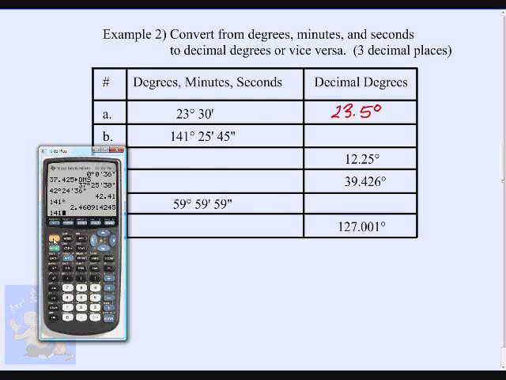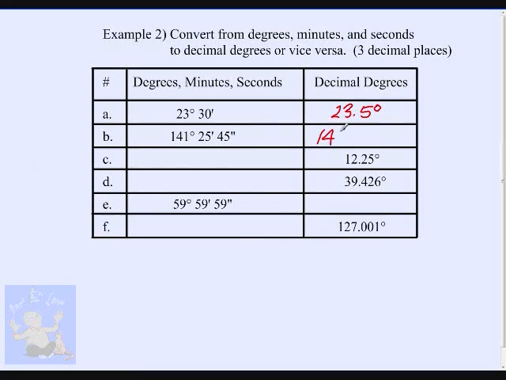I must have hit something twice. Enter. And then we're going to put in 25, 45, then we'll use our alpha key, seconds. Hit enter and it'll give it to us in decimal. We knew it would be 141.